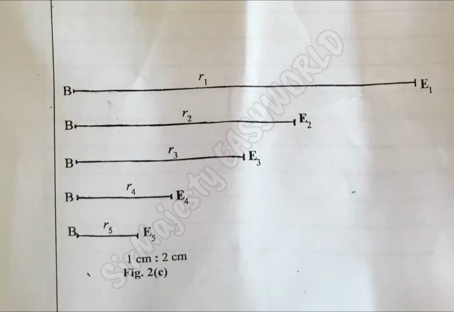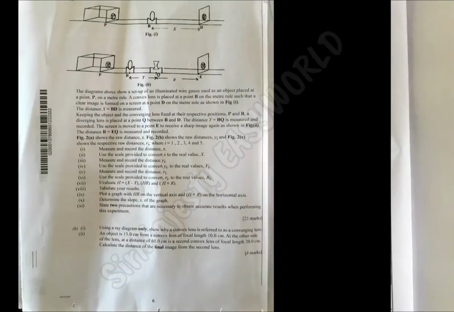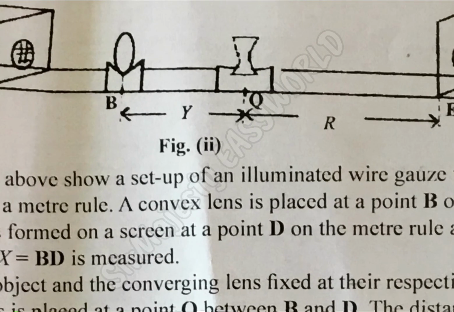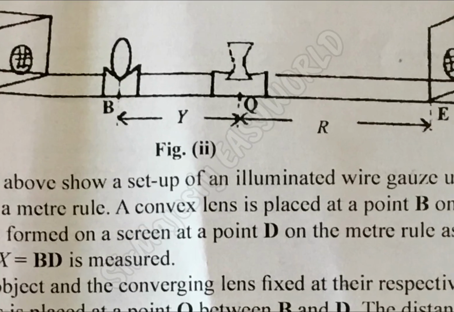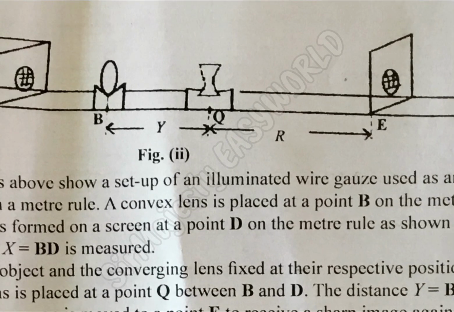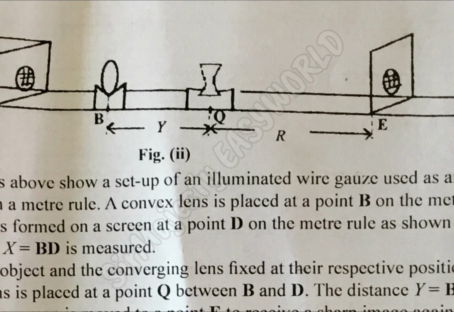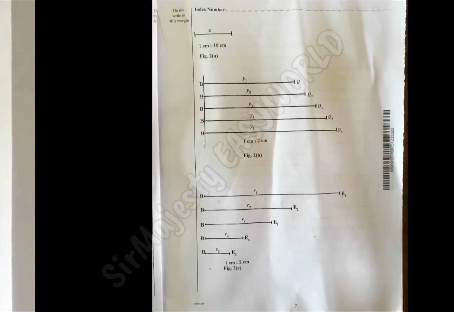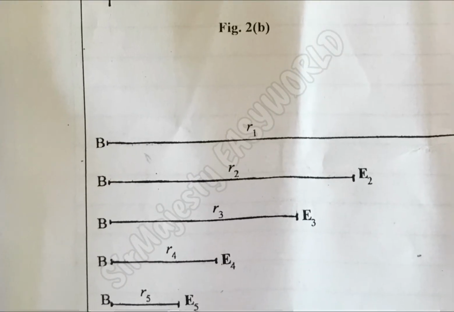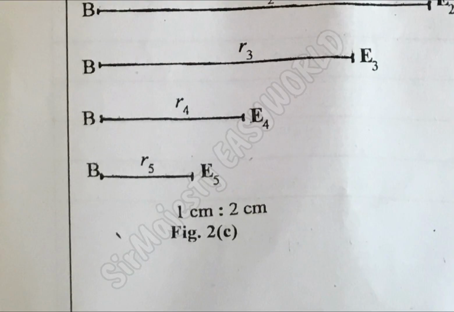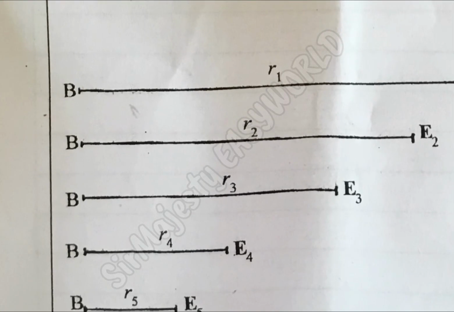Remember, from their drawing you can deduce what r is. The r is just the distance between B and E. That's what they used as R there. And here they gave us a scale that 1 cm is equal to 2 cm. That's what we'll be multiplying in this second situation and make your table.